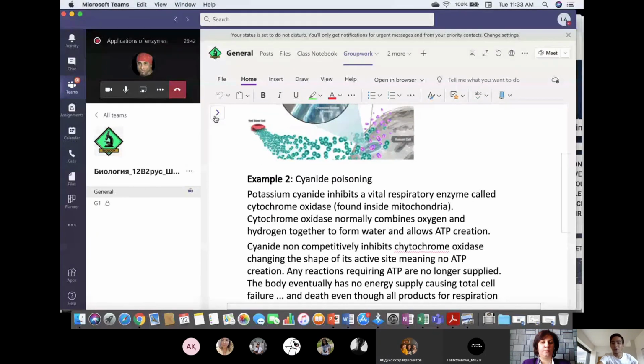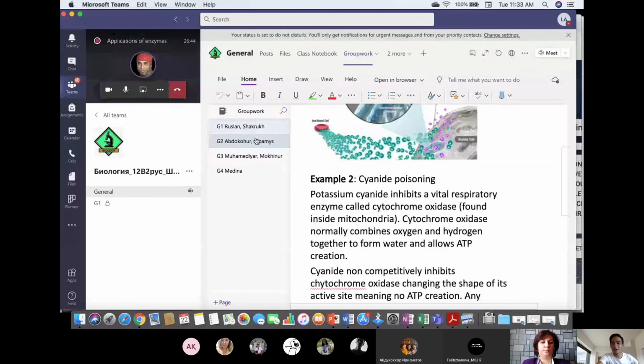So the first two, the snake venom and cyanide poisoning, are examples of negative effects. And the last two, the protease inhibitor and ethanol, are both examples of the positive effects of inhibitors. So just because inhibitors decrease the rate of reaction does not mean that they are always negative. There are also positive effects of inhibitors.